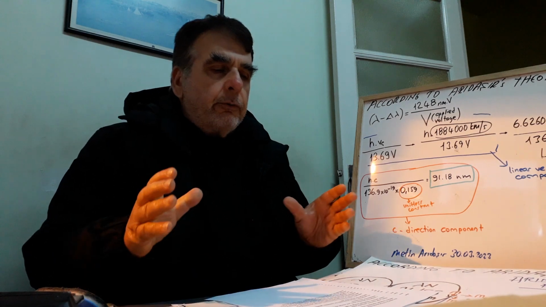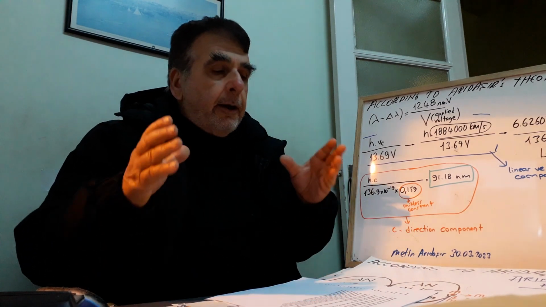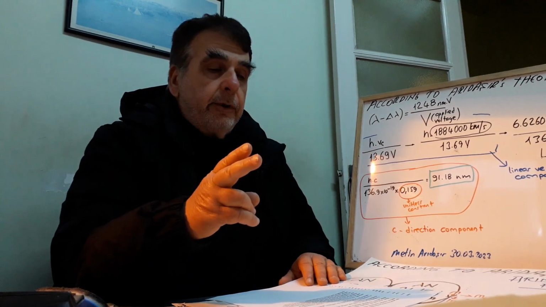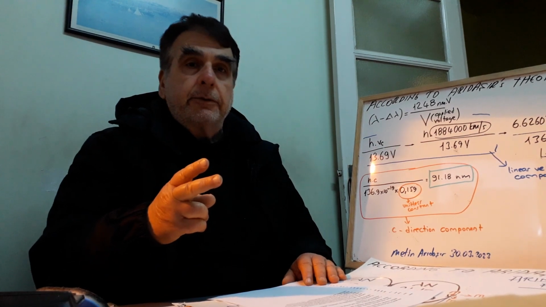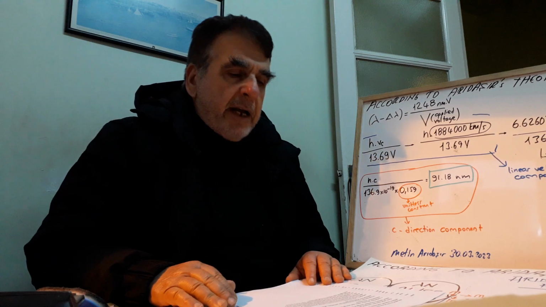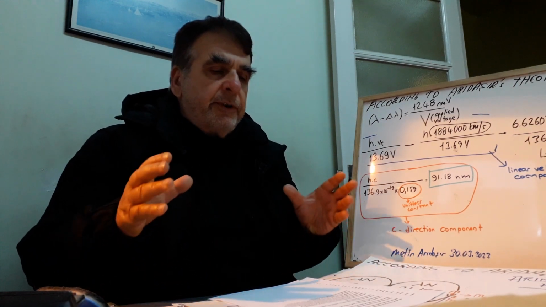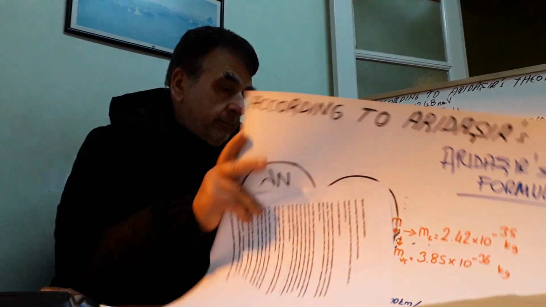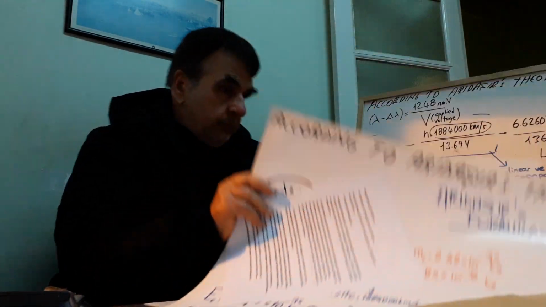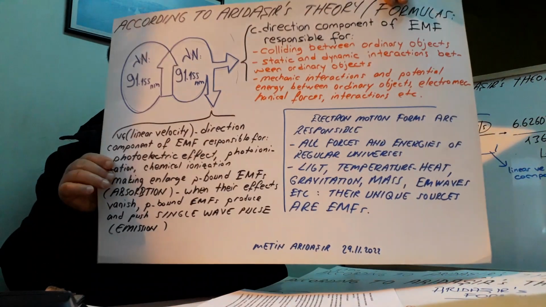then, what does the voltmeter show? C component energy in volt or linear velocity component energy in volt? Which one? C component direction, mass, and energy are responsible for mechanical interactions. Remember from my former videos. Here.